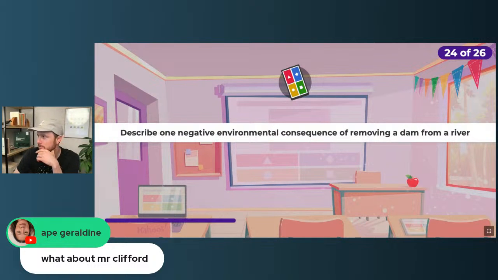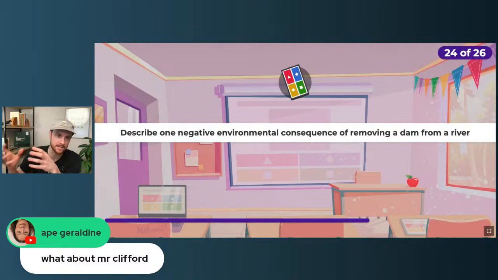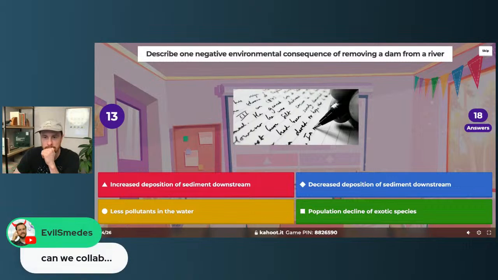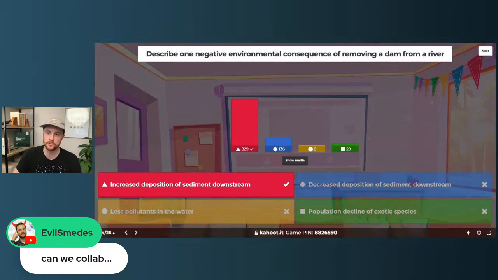I think that's great too, like how the economics concepts he teaches relate to movies. So yeah, big fan of Mr. Clifford. Evil Smedes, we might need to do a collab where we help you reform from your fossil fuel, impervious surface loving, deforestation loving ways and show you the ways of a more sustainable future, maybe.